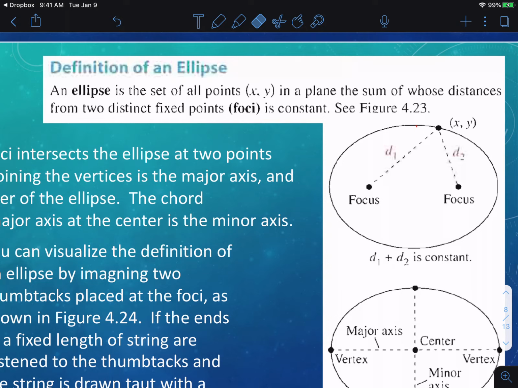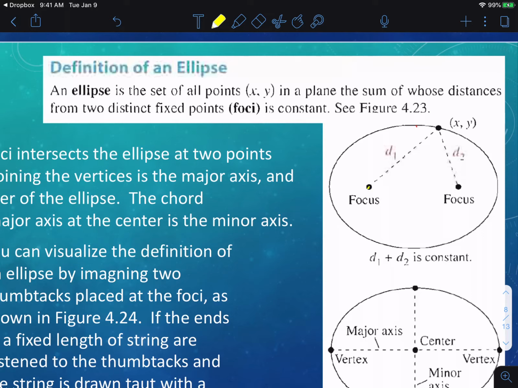So now let's talk about the definition of an ellipse. You see, an ellipse is the set of all points, all those x's and y's around that shape, in a plane, the sum of whose distances from two distinct points, the foci, is constant.